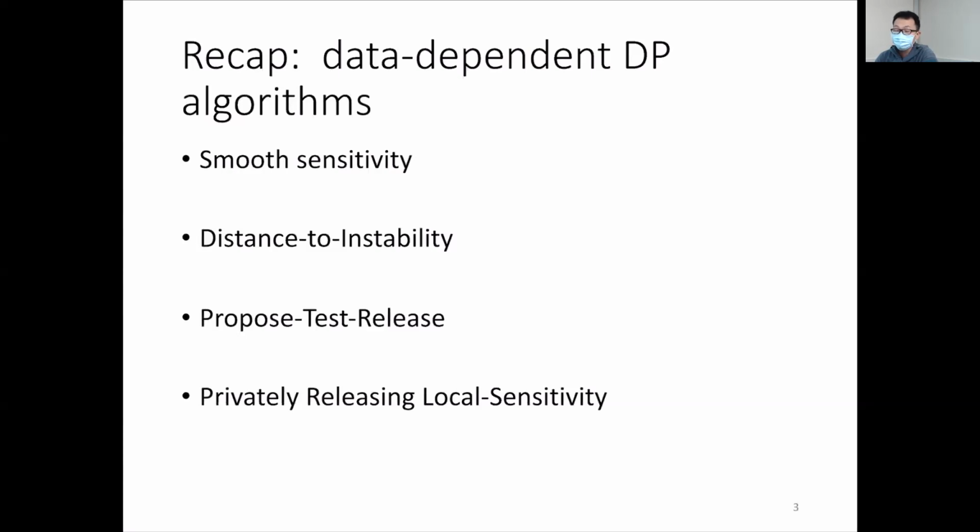That allows a family of noise distributions to be admissible for this algorithm to achieve epsilon-delta differential privacy, and sometimes even pure epsilon differential privacy.